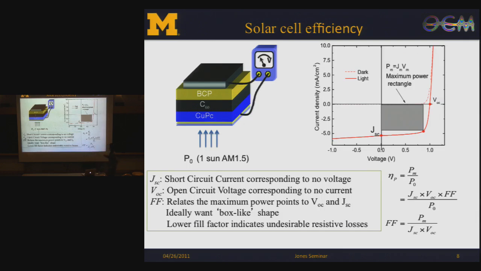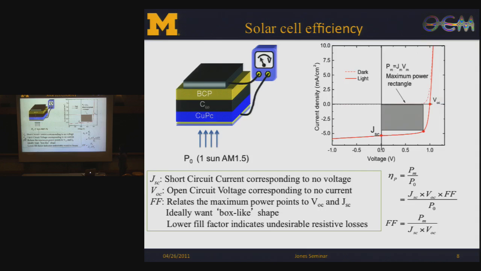The left image basically shows how to generate electricity. A typical organic solar cell is illuminated by one sun illumination, and we can see the power generated here. In terms of how we measure solar cell efficiency, the left image shows the IV measurement.